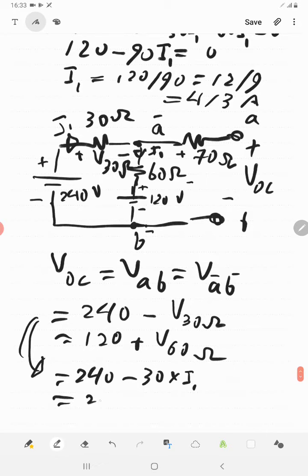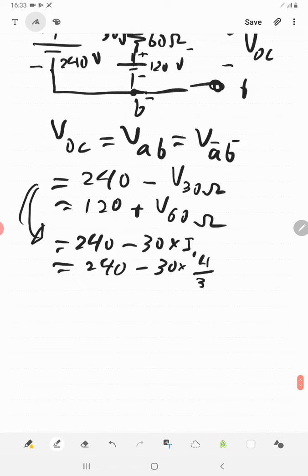So this will be 240 minus 30 times 4 over 3, which gives 240 minus 40. It will be 200 volts.